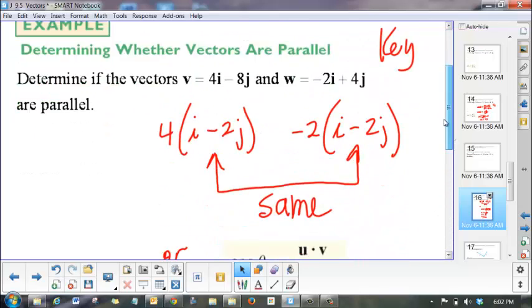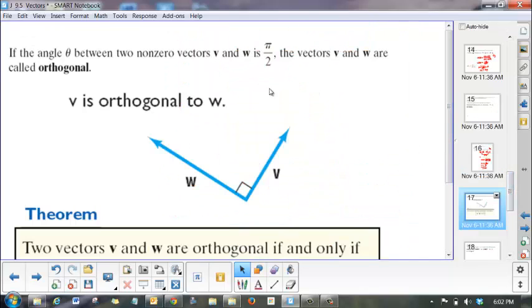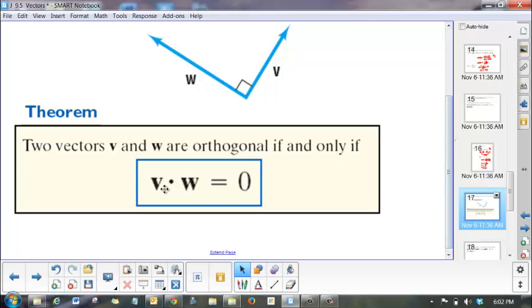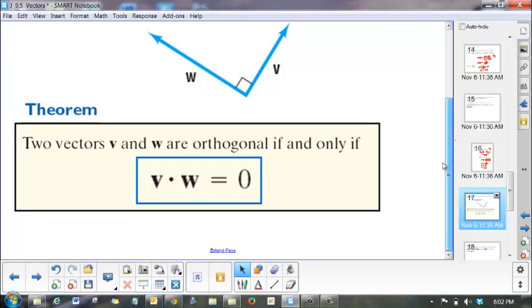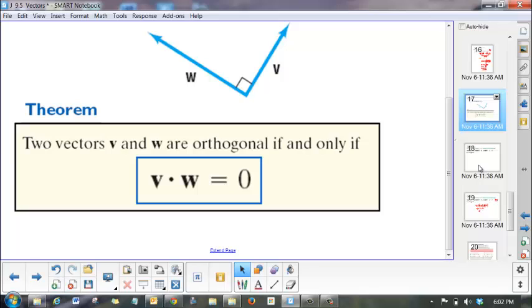All right? So that's one thing. And then the other is if they are called orthogonal, or right angles to each other. Here's the rule. If we take the dot product at the top, the numerator of that rule, v dot w, we get 0. And that's pretty easy as well. Here's the question.